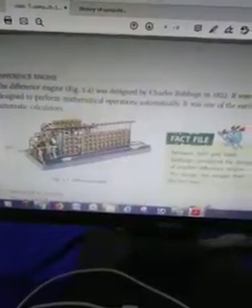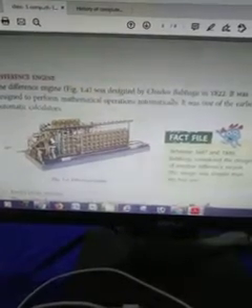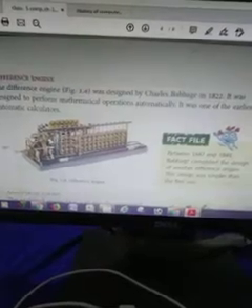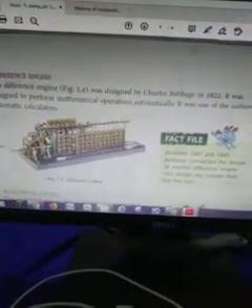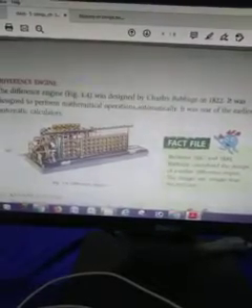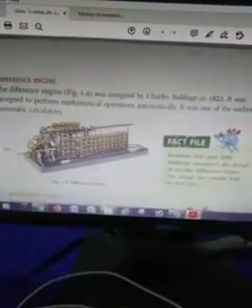Sorry, he had completed it in 1822 but handed it over in 1829. It was designed to perform mathematical operations automatically. It was one of the earliest calculators.